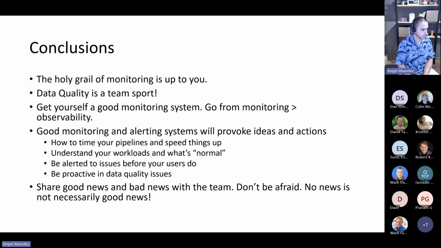Everybody is guilty of this in one way, shape, or form, where over time things just start humming along and everything's hunky dory. And then you get a call like, hey, I don't see this data anymore, or I don't see this customer. And then, oh, what's happening, right? There are ways to work better than that, to be proactive and make sure that your data systems are up to speed and performing the best for your end users.